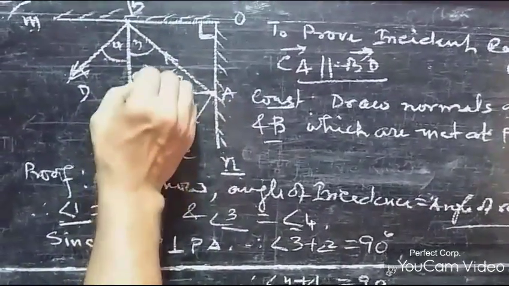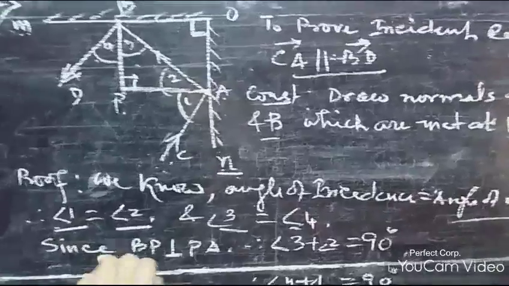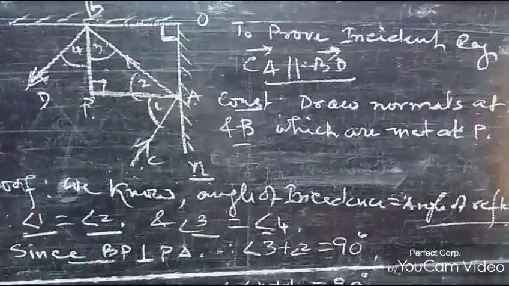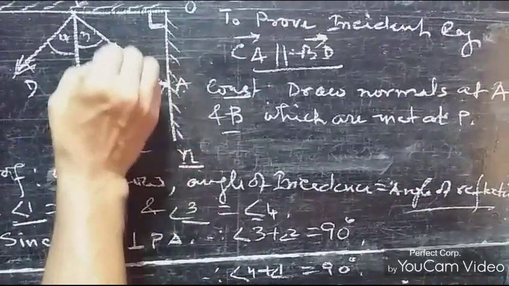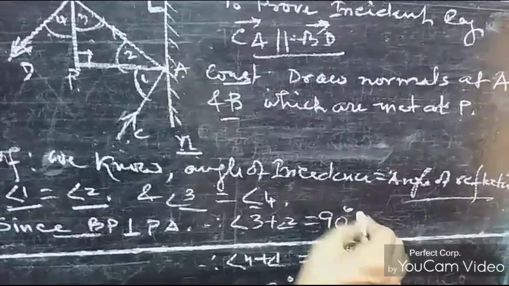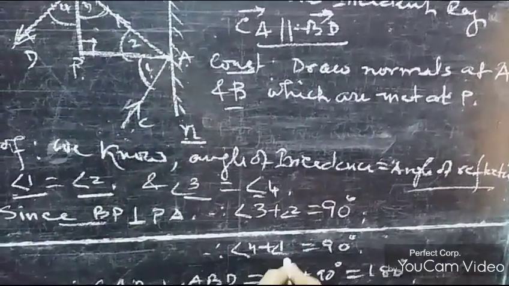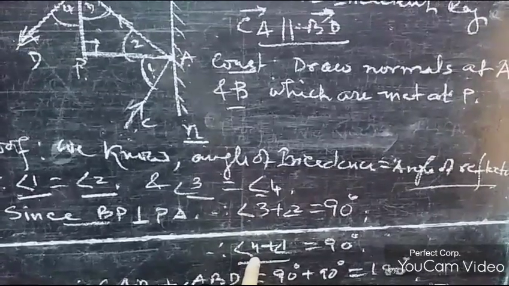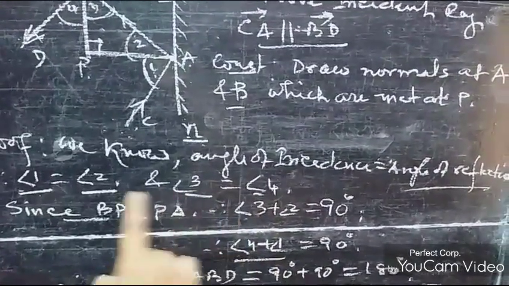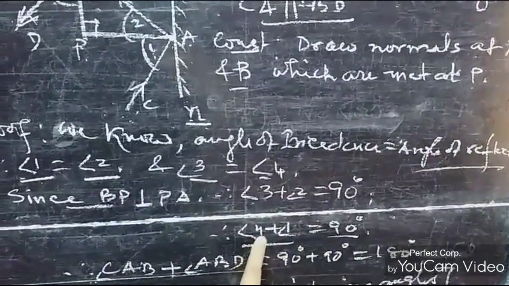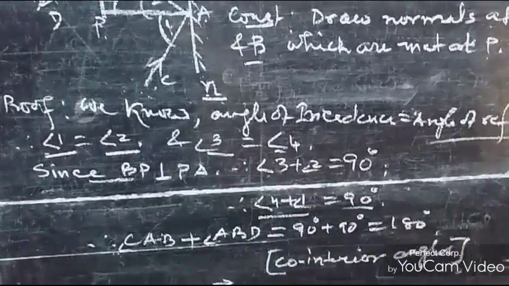Within this triangle, this is 90 degrees, since the mirrors are perpendicular to each other, so angle 2 plus angle 3 equals 90 degrees. Therefore angle 4 plus angle 1 equals 90 degrees.